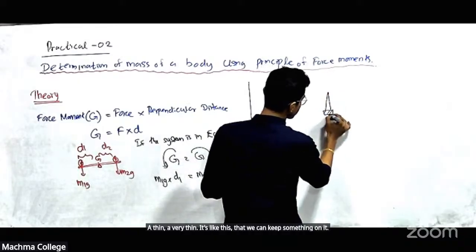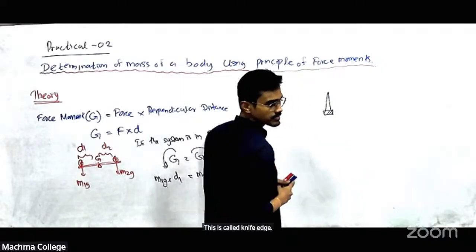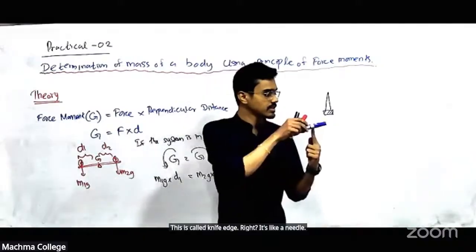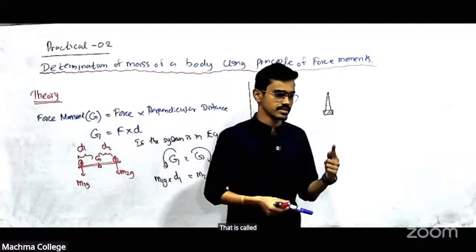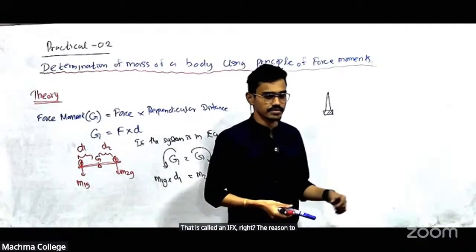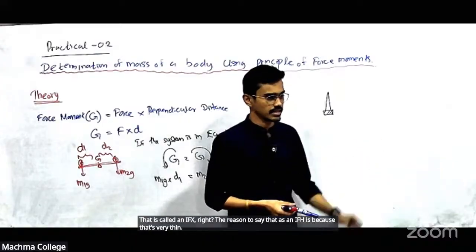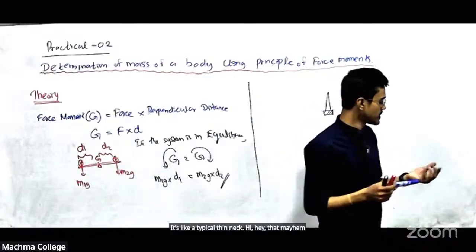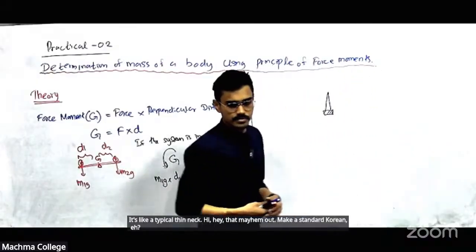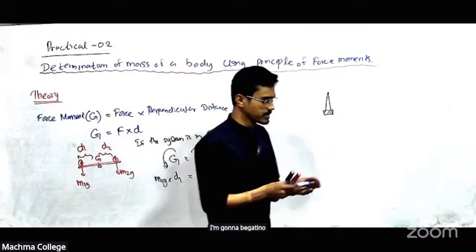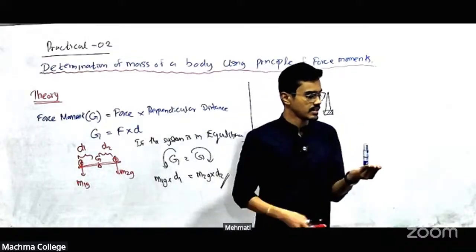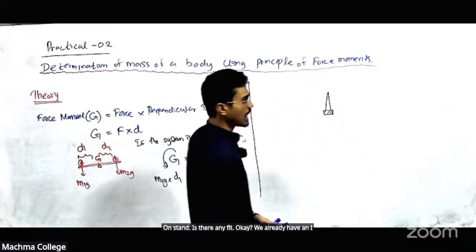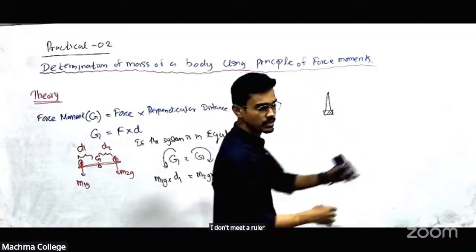It's like a needle. A needle-like knife edge. The reason to call it a knife edge is that it's very thin, a thin edge tip. This is a knife edge on a stand. We have to have a knife edge first and a meter ruler.